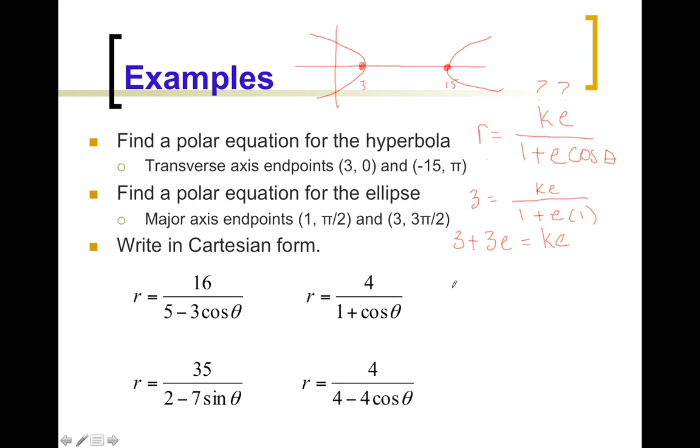I know that r is negative 15 when I plug in pi. Cosine of pi is negative 1. If I cross multiply, this gets a negative 15, and this is a minus 15 and a minus e, so it's actually plus 15e equals ke. Well, you look at here and you go, hey, look at that. I have 2 ke's. That means these two things are equal.